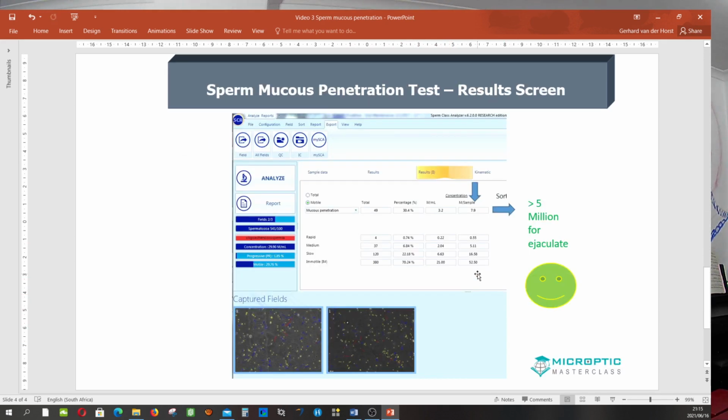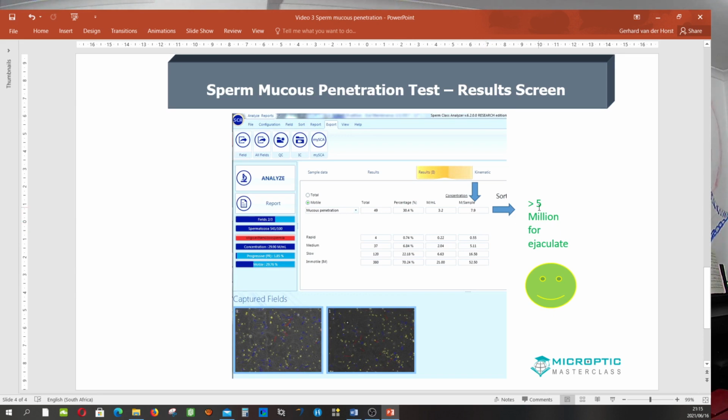What about the interpretation of the results? So this is very important. And you know, we don't even need to know the sperm concentration, but we need to know the sperm volume, because it expresses the total number of sperm that passed the mucus penetration test according to those parameters, in the total semen sample.